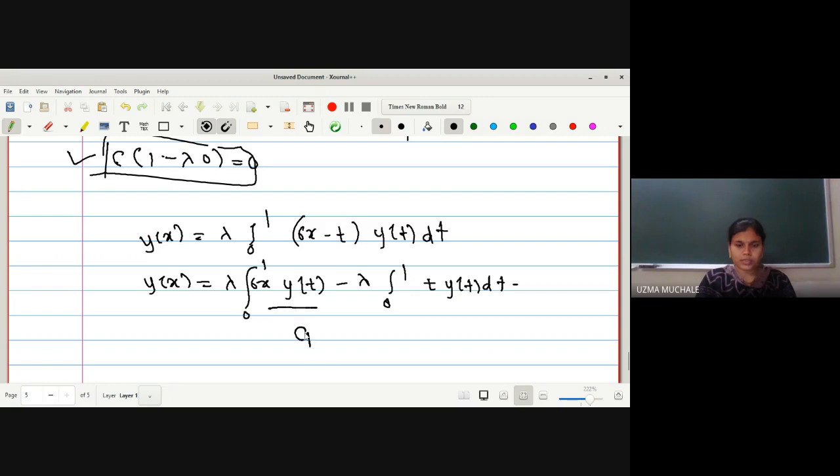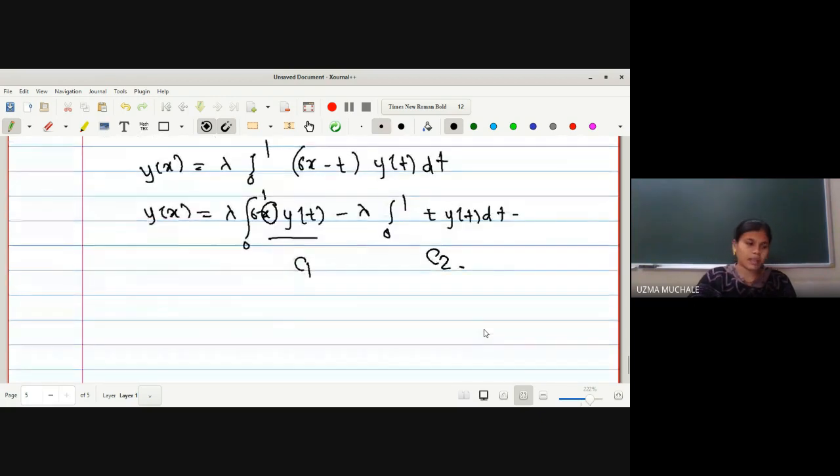This is some constant C1 after taking this x outside, and this is some another constant C2. We will get some equations in terms of C1 and C2. Try to solve, otherwise we'll solve in the next lecture.